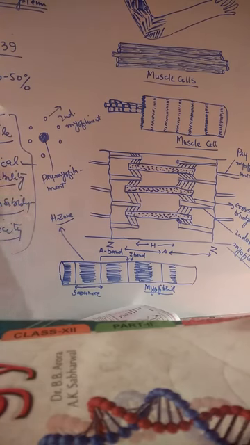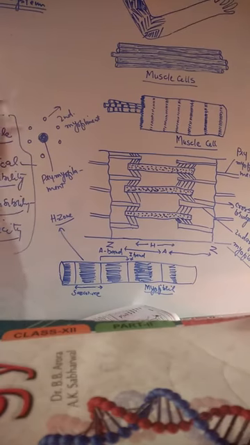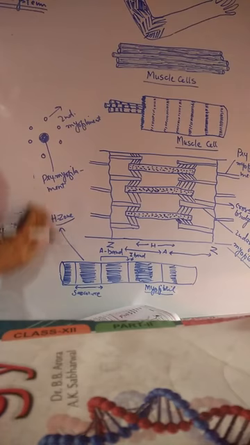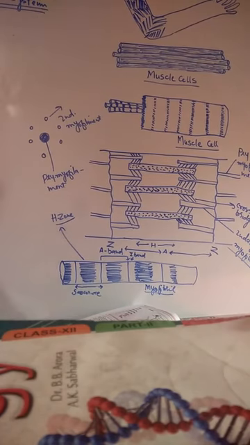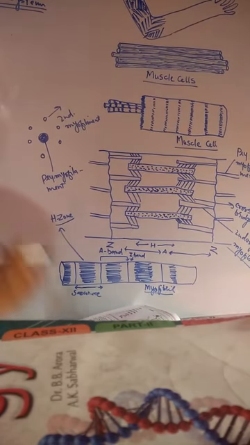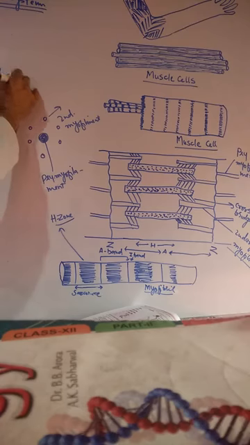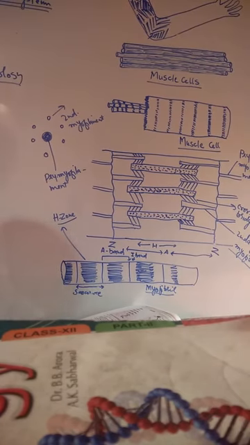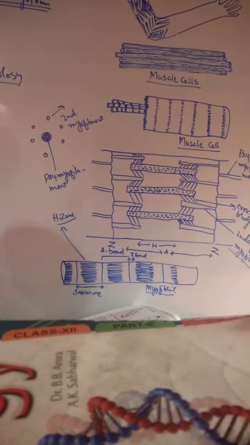The study of muscle tissue or the muscles, their ultimate structure, microscopic structure, as well as their properties, is called myology. That branch of physiology is called myology. Based upon structure, function, and especially location, the muscle tissues in vertebrates are of three types.